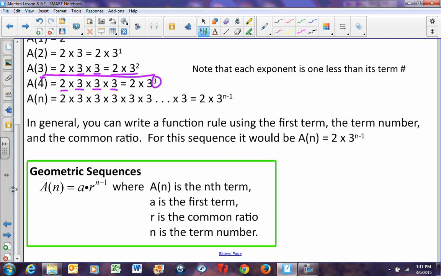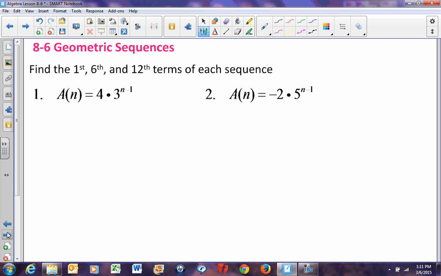Okay? So let's take a look at something. Let's find the first, 6th, and 12th terms of each one of these sequences. So I'm going to find a of 1. That's going to be 4 times 3 to the 1 minus 1. Remember, you don't put anything in here except for the first term, the 6th term, or the 12th term.